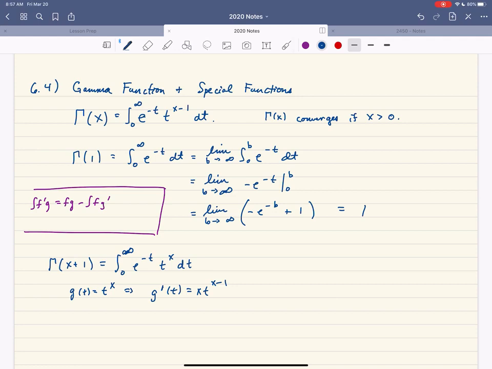All right, and then that means that f prime of t is going to be the other thing, e to the negative t, and that means that f is negative e to the negative t.